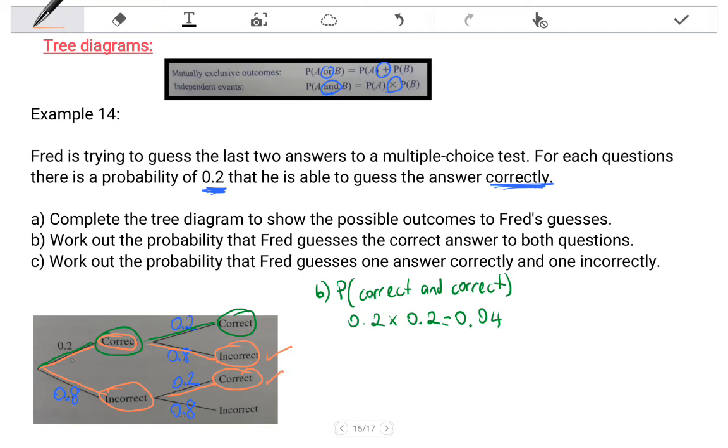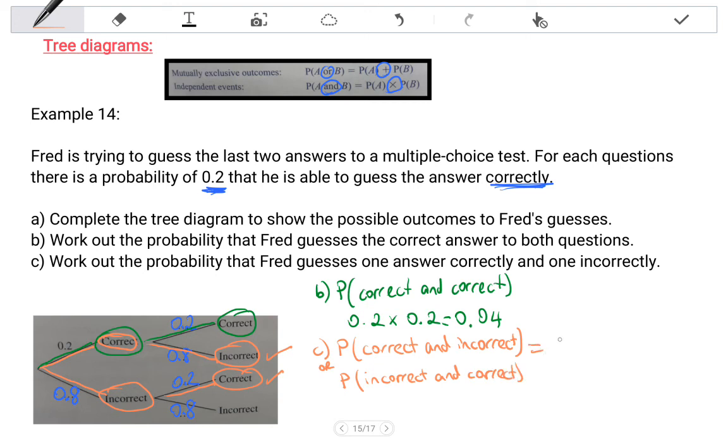So we need to first calculate the connected branches by multiplication, and then add the desired outcomes together to find the final answer. So in part C, we are looking for the probability of correct and incorrect together, or it may be the probability of first incorrect and then a correct answer.